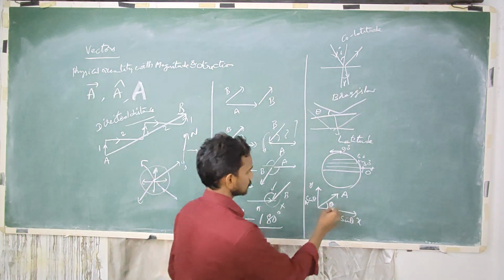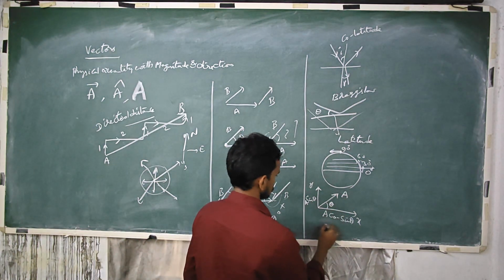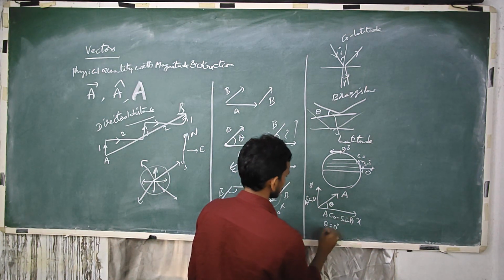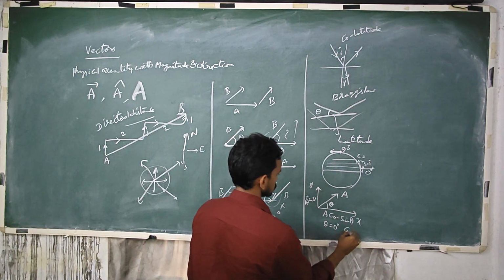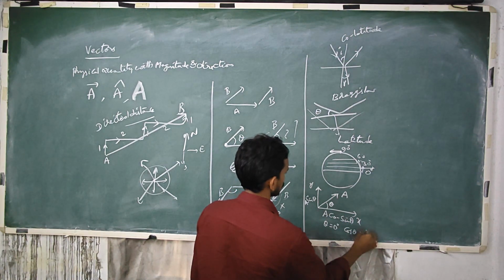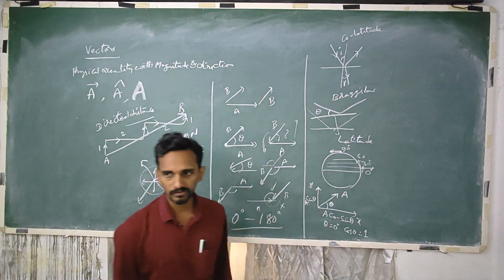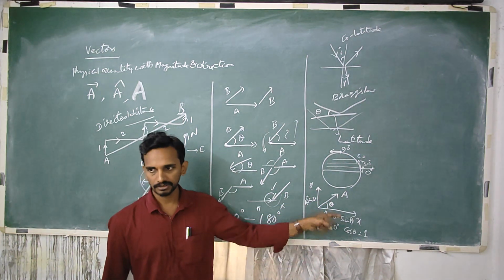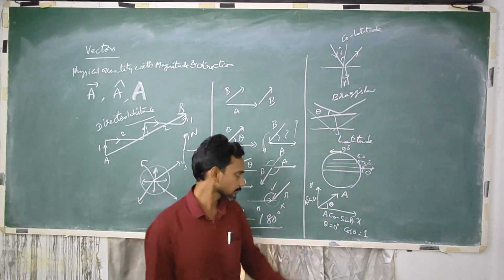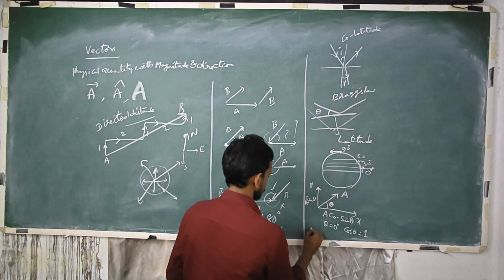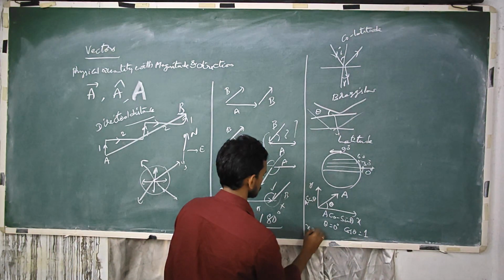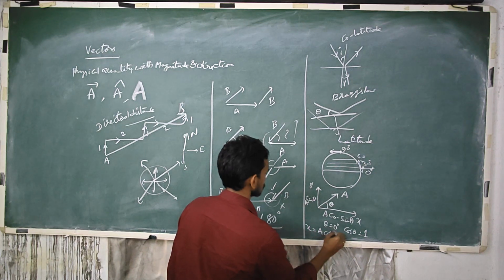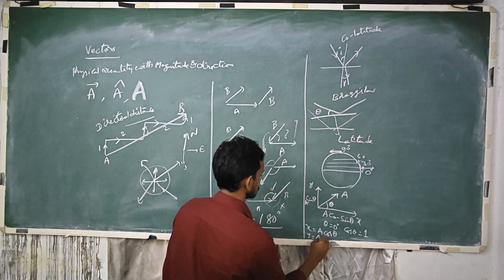So you can confirm that. Let's say if theta is 0 degrees, cos theta is 1. So when the vector A makes 0 degrees angle with x-axis, x component will be maximum. So x component is A cos theta and y component is A sin theta.